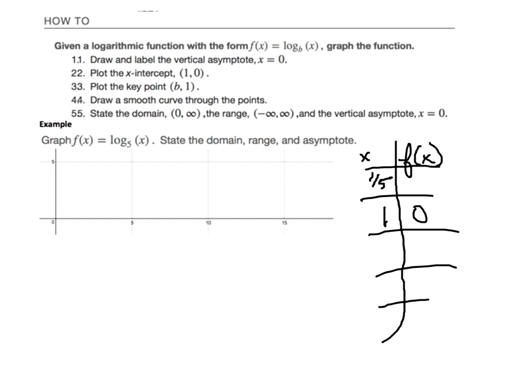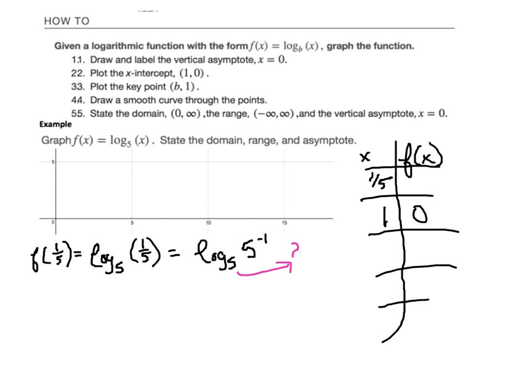So if I'm going to evaluate f of 1/5, I have log base 5 of 1/5, which is the same thing as log base 5 of 5 to the negative first power, bringing that 5 up into the numerator. So what this is asking me is, what can I raise 5 to, to get 5 to the negative first power?